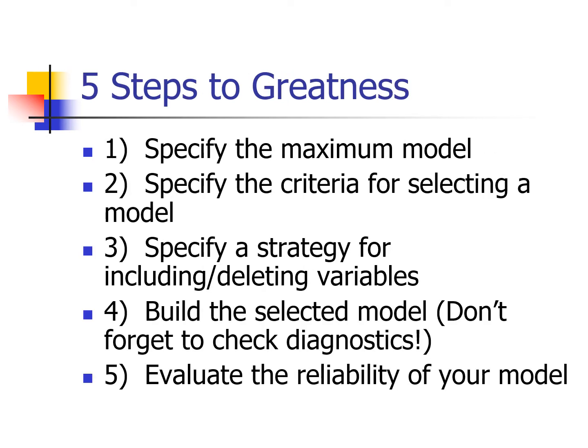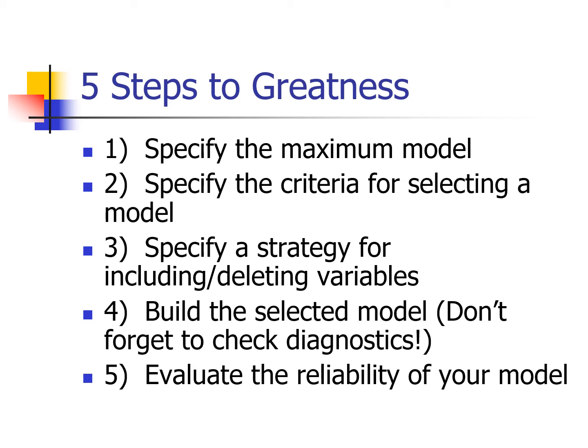So our textbook lines it up as 5 steps to greatness. Step 1, specify your maximum model, your largest possible model. Step 2, specify the criteria that you're going to use for selecting a model.